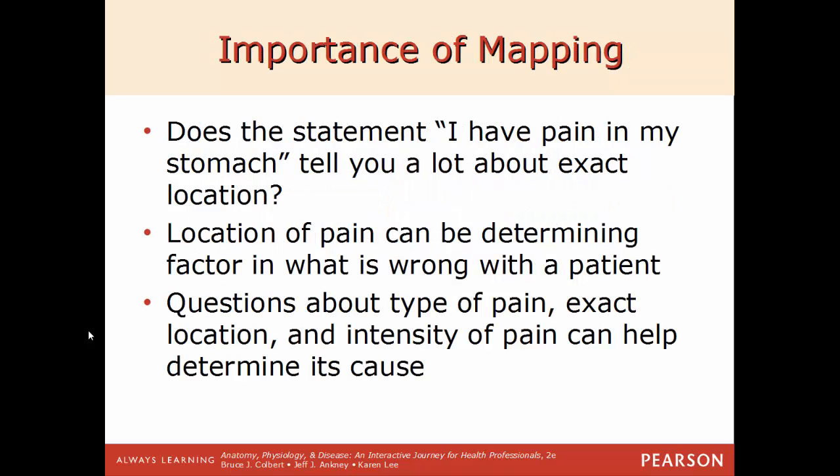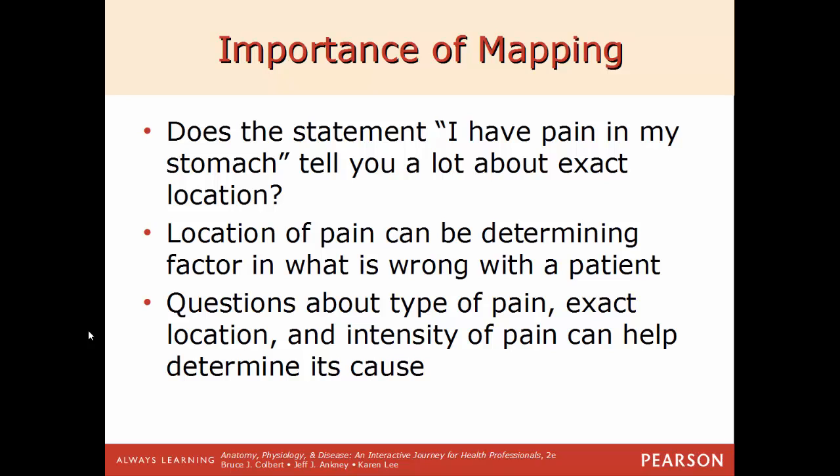Why is all this important? The reason is to pinpoint, with at least some accuracy, an injury, for example. Does the statement, "I have pain in my stomach," tell you anything? Well, no, it could be any number of things. It could be an intestinal issue, it could be a gallbladder issue, it could be an ovarian cyst if you're female. You can't just say, "Well, my belly hurts."